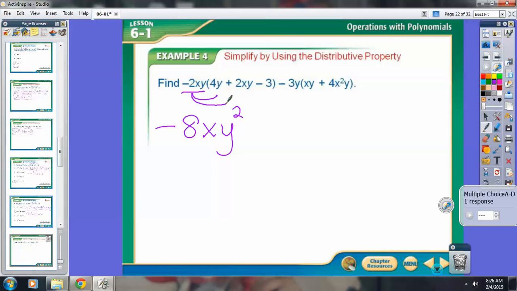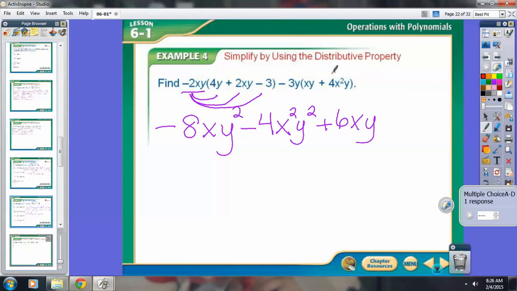Take negative 2xy times positive 2xy. Negative 2 times 2 is negative 4. x times x is x squared. y to the second. Negative 2xy times negative 3. Well, negative 2 times negative 3 is positive 6xy.